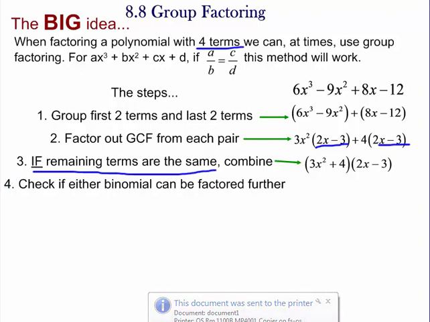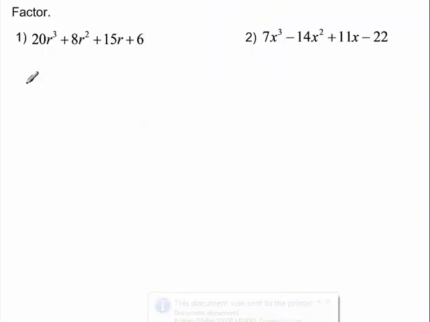All right, so let's try a couple. Again, think about our steps. I have 4 terms, so let's group the first 2 and group the second 2. This is a plus sign, so it doesn't affect us, but we always want to make sure this sign goes with this 15. If it's a negative, that's when we want to be careful.